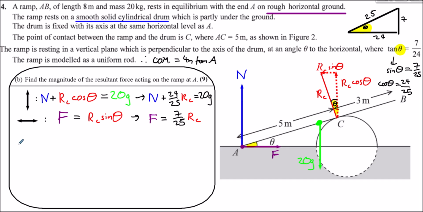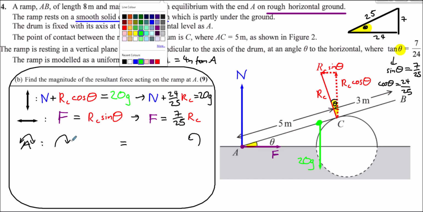Now, coupling this with moments about A, the clockwise moments will equal the anticlockwise moments. Clockwise relative to A, there's only going to be one force, which is this 20g, turning round like so. The force is 20g.